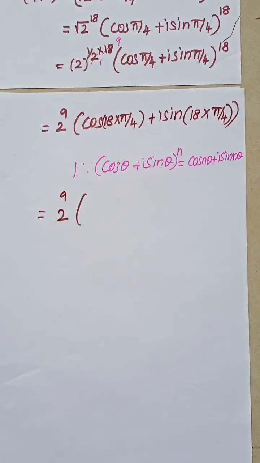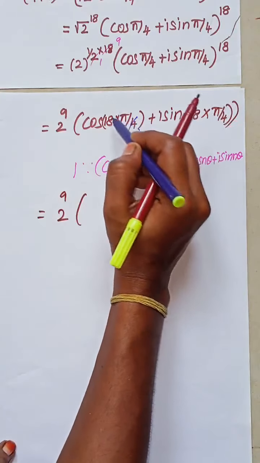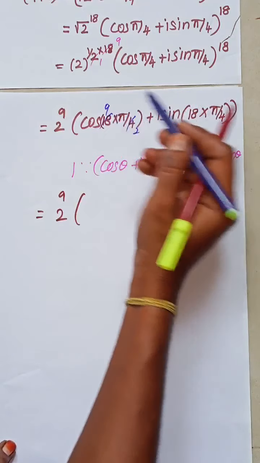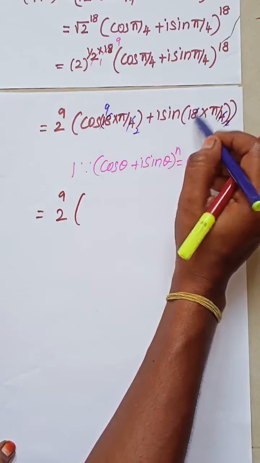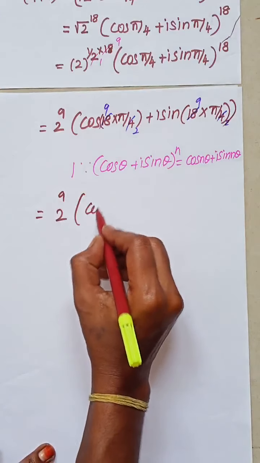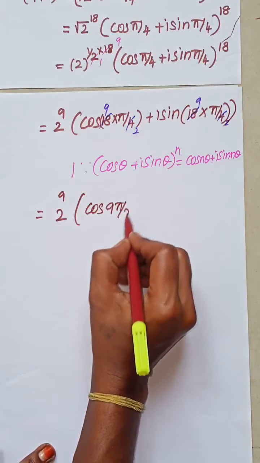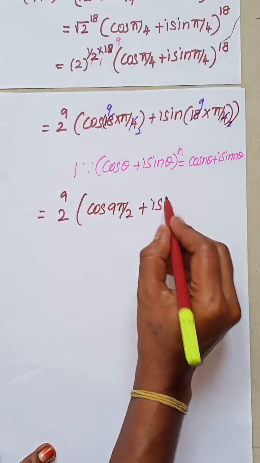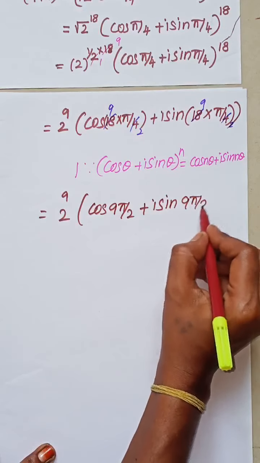Cancel this: 2 2s are 4, 9 2s are 18. So 2 power 9 into cos 9 pi by 2 plus i sin 9 pi by 2.